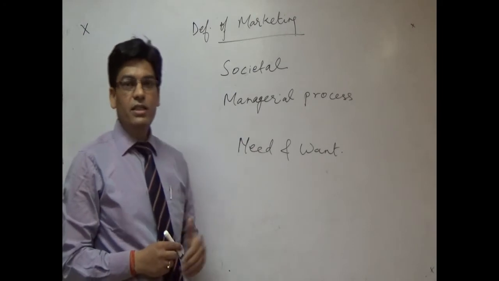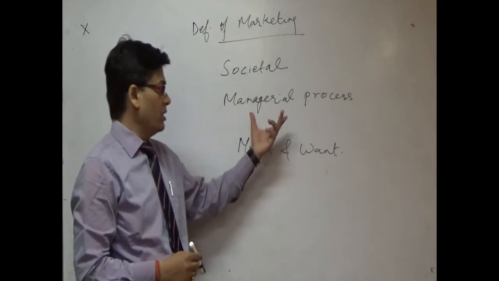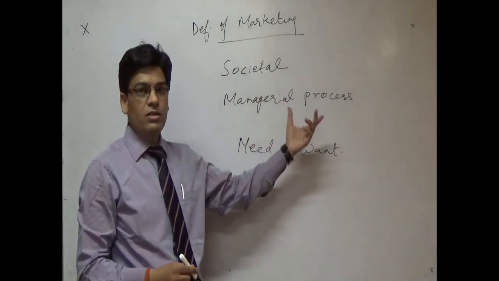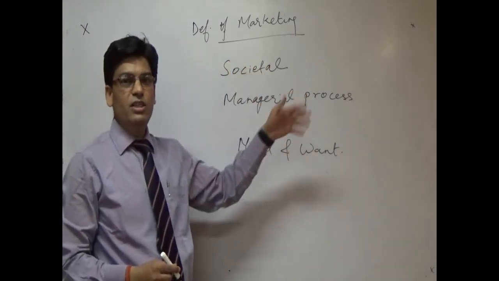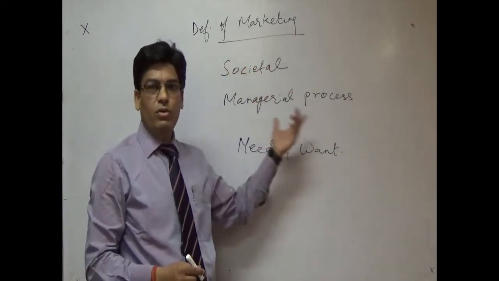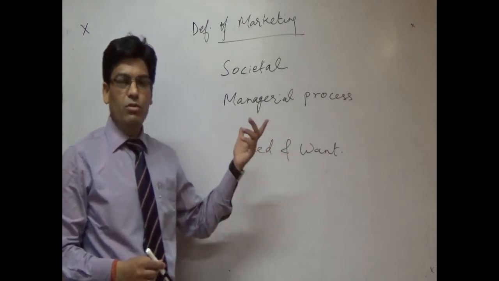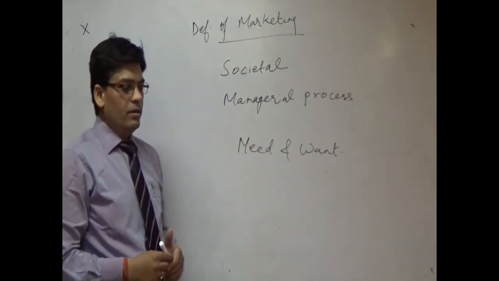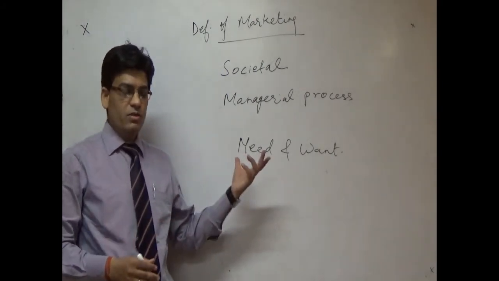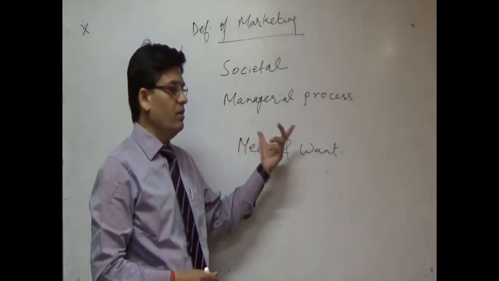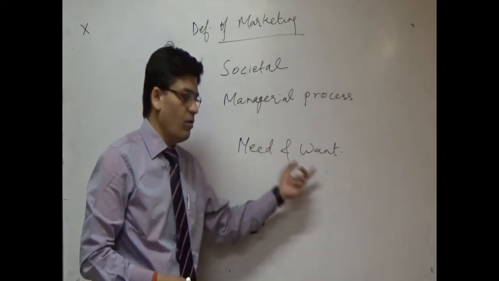Why is it called a managerial process? Because it includes all the things of marketing, starting from identification of the needs, planning for that, and so on and so forth, till the time of controlling those activities. Then, the definition says individuals and groups obtain what they need and want.